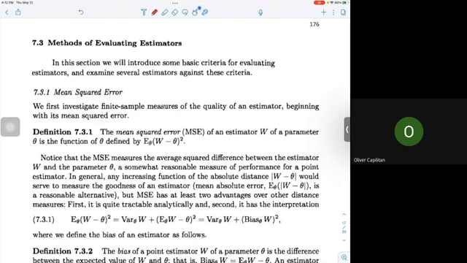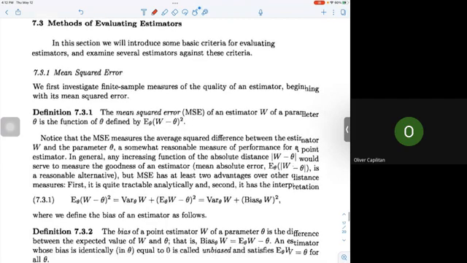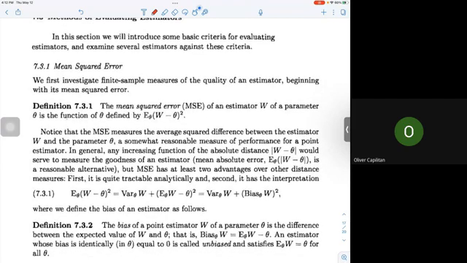The criteria for evaluating estimators. So the first one, we have the mean squared error. We first investigate the finite sample measures of the quality of an estimator beginning with its mean squared error.